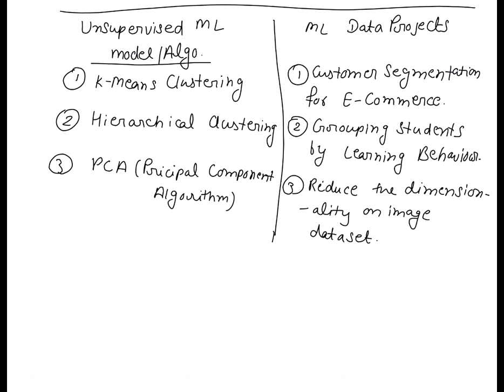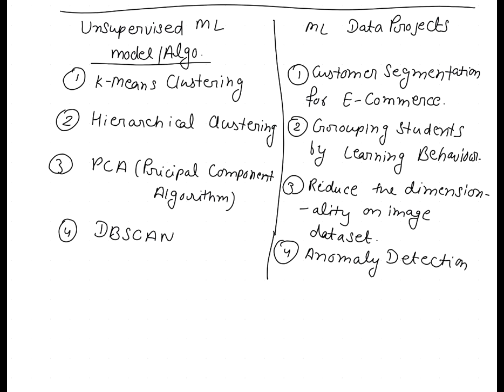The next one, again important, is DBSCAN. Under this, you can do the project anomaly detection in IoT sensor data.